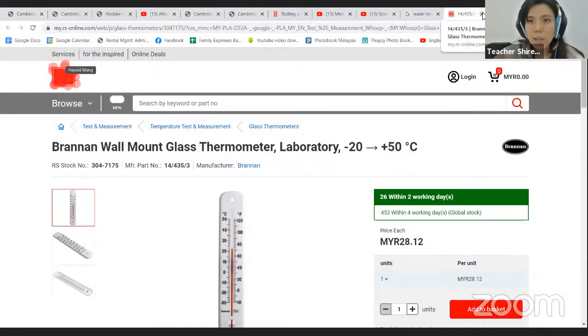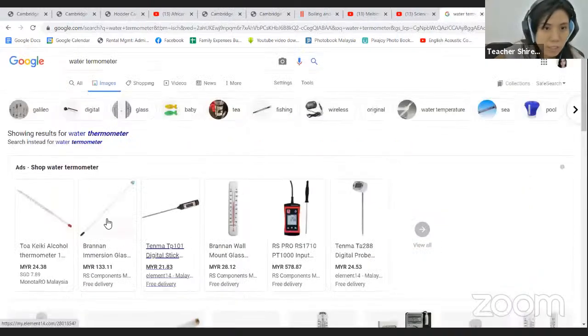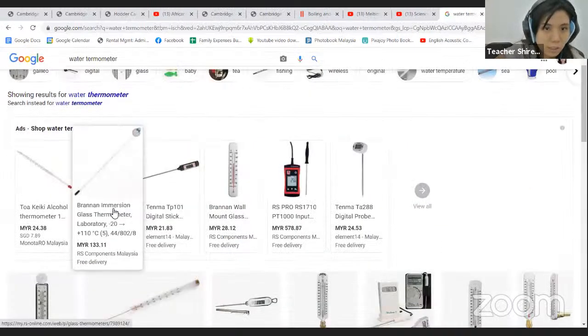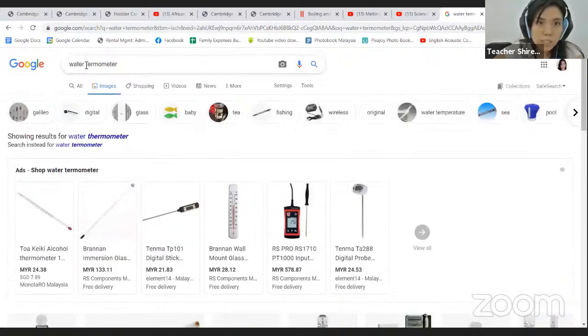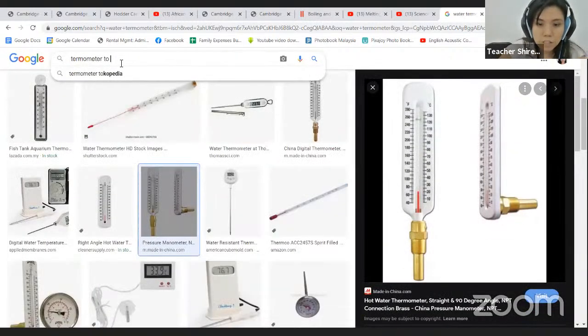All right, so we have different types of thermometer, for example, a thermometer to measure water.